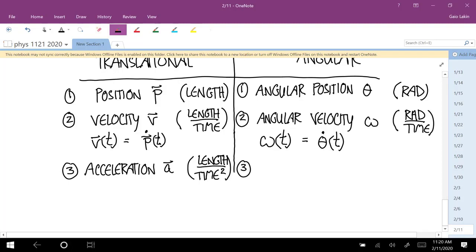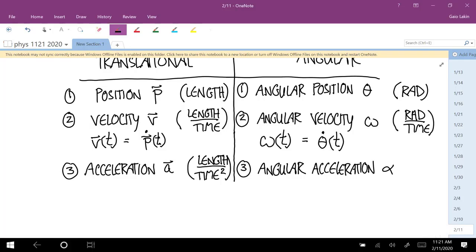And the analogous angular quantity is the angular acceleration. We'll denote that with the Greek letter alpha, goldfish looking thing. So it's like the Greek A. And the units of this will be radians per time squared.